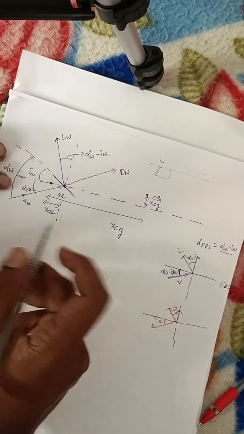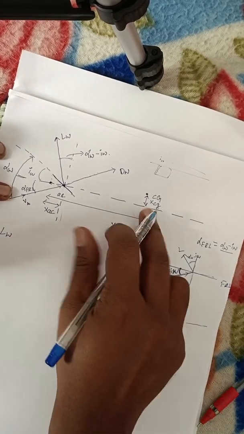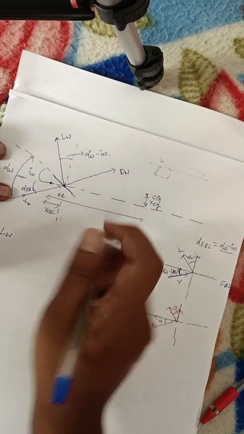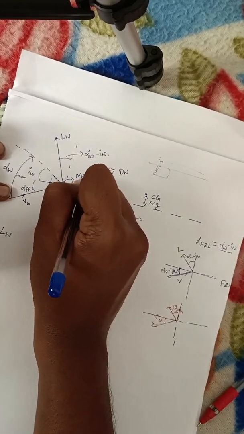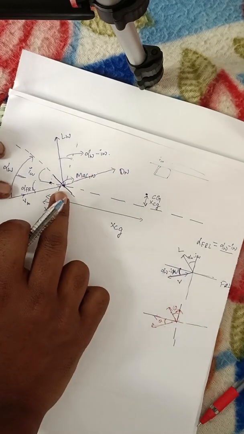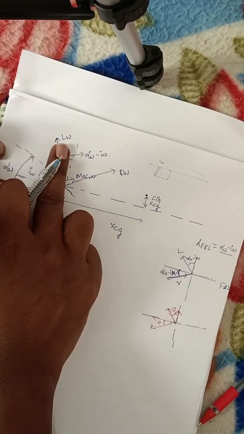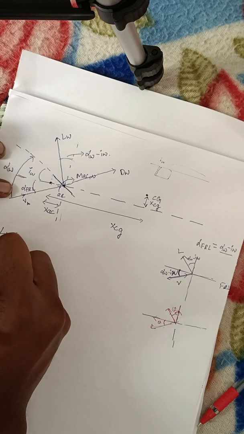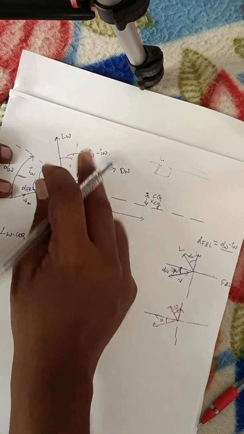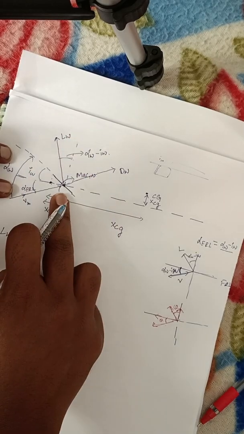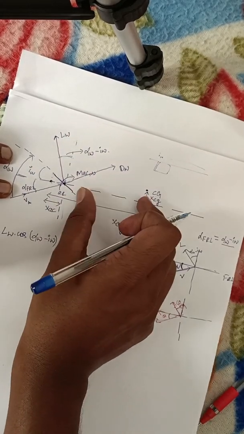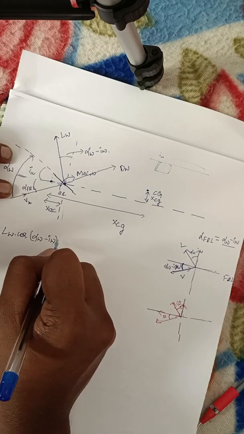That's it. Now LW into, what is the moment? Nose up moment, positive, and this is the AC point. Here I need to consider MAC, the moment at the aerodynamic center. LW into cos of alpha minus IW is the vertical component, into this perpendicular force.